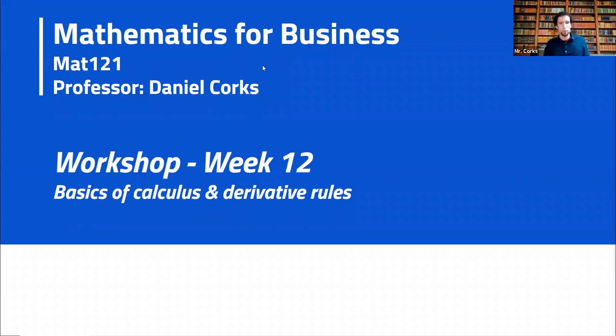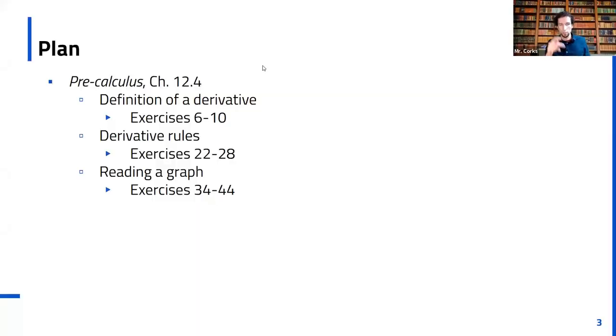So the plan for today, these particular questions here might look like a lot, but actually they're not going to take too long to go through, as we'll see. And a little bit about function notation, which isn't a calculus thing at all, but we will be using that a whole lot, so it's good to get some practice on that stuff. This will probably be one of the shorter workshops that we've had this semester so far.